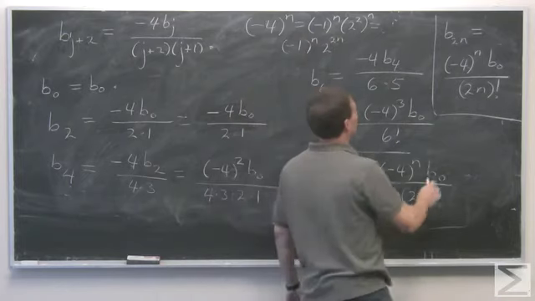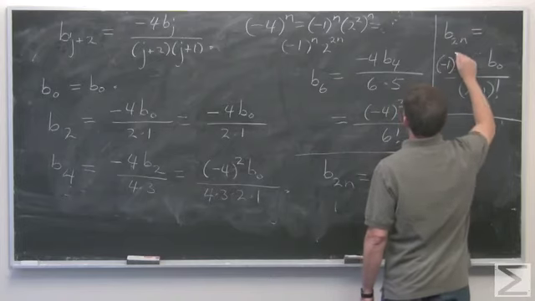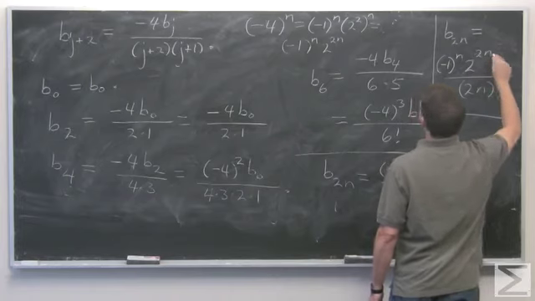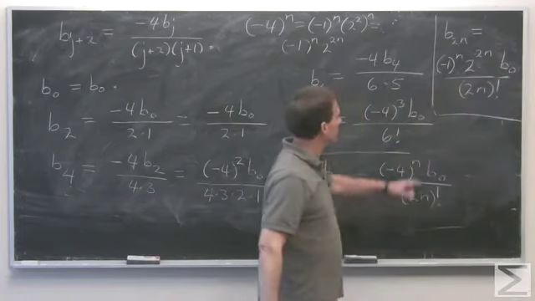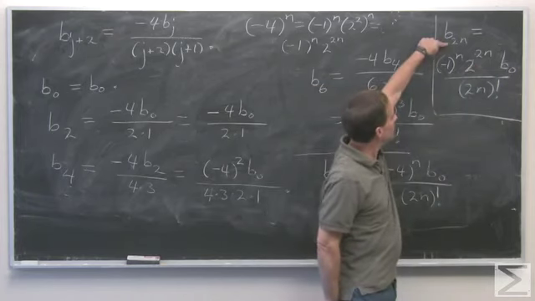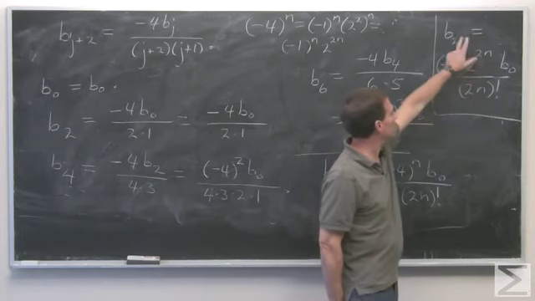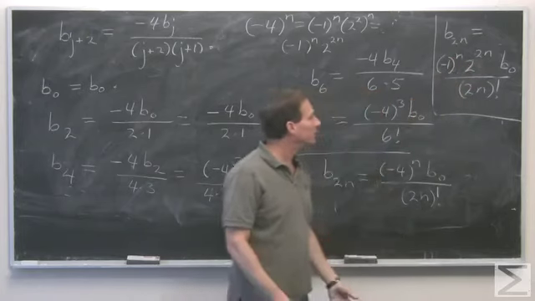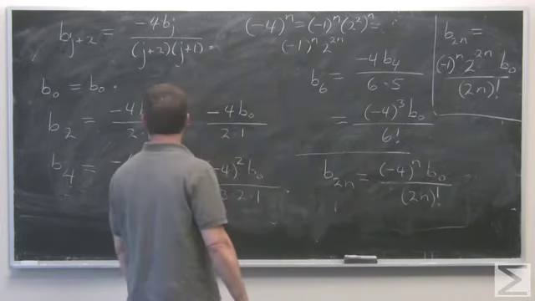And it is nice to write this that way, if you're trying to make it look like anything nice. So that 2n up there matches the index on the b and matches the factorial. It's just nice to see that, yeah, the minus 1 still has an n on it, but hey, you can't fix everything. So that's what we're getting for the even coefficients.